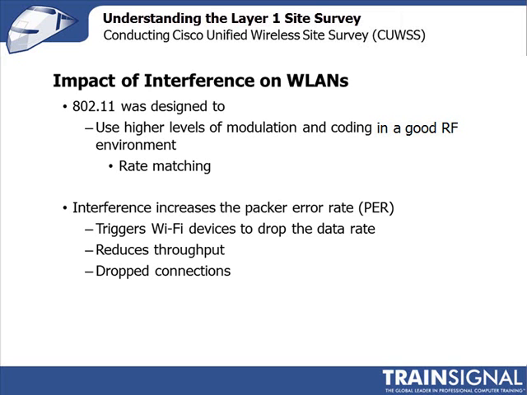And so in a noisy environment, when your RF conditions aren't so good, what the wireless LAN will do is it'll drop you back down to lower levels of modulation. It'll add more coding protection. And what that will mean is that your data rate will drop, which of course reduces down your cell throughput as well.